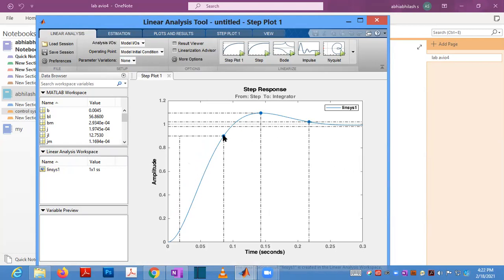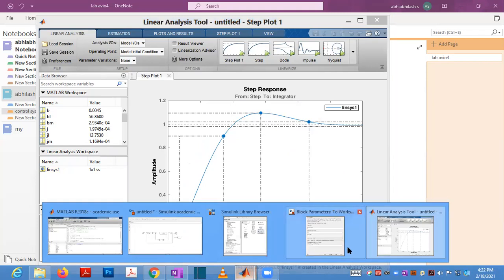So these three values you will get. So you fill these things.